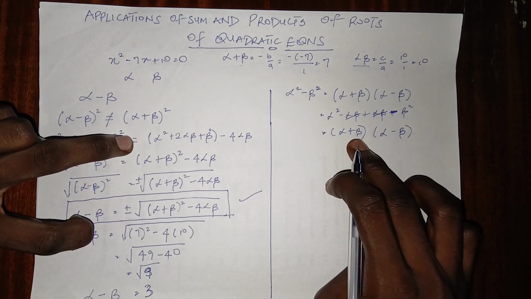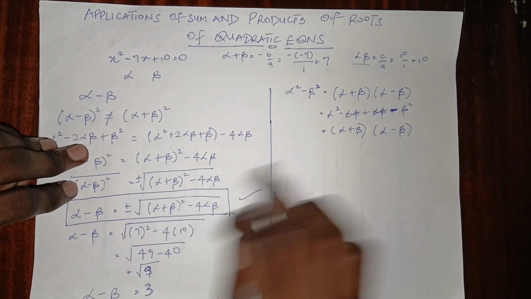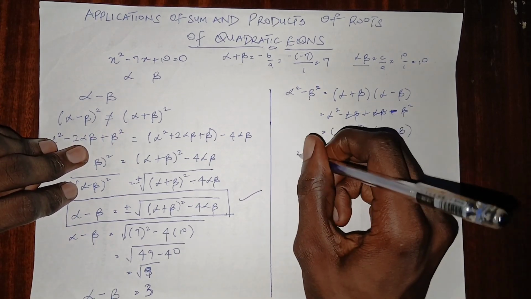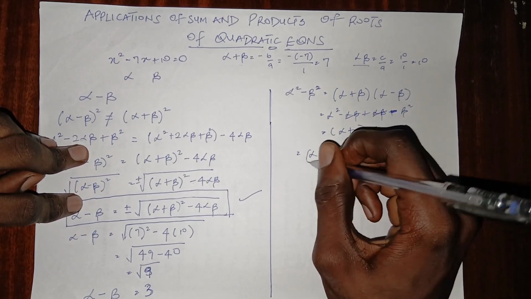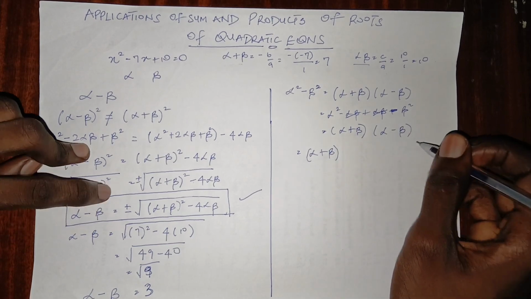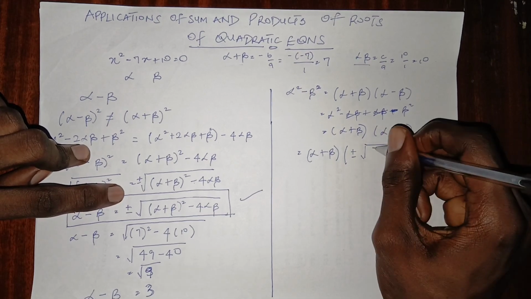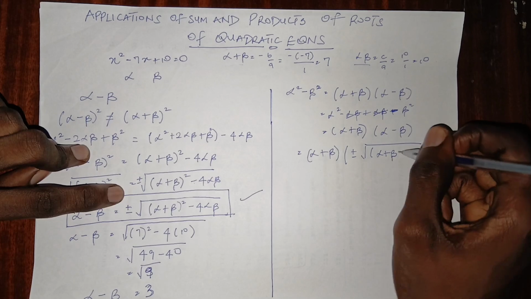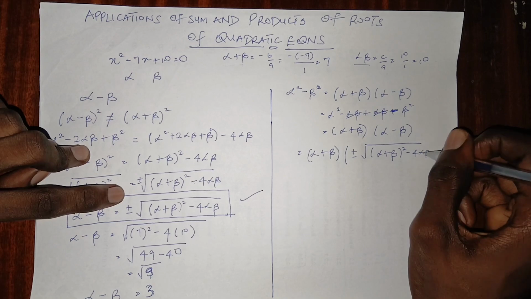Since we are conversant with alpha plus beta and alpha minus beta, which we just got from this equation, we can just replace them here. So we do alpha plus beta times alpha minus beta, which is the square root of alpha plus beta squared minus 4 alpha beta.